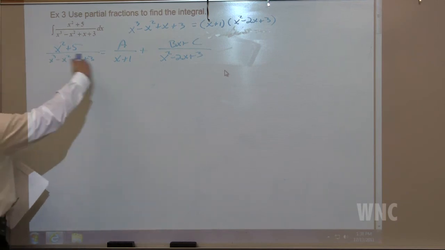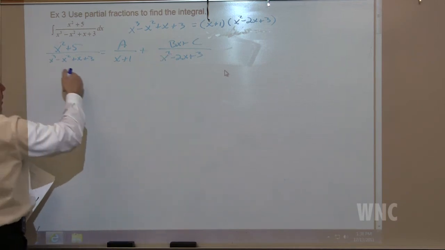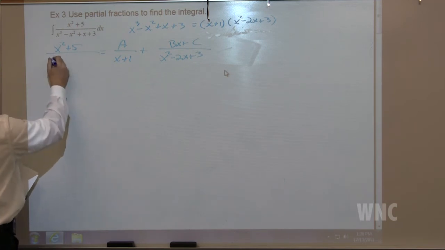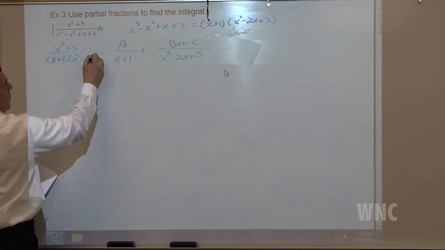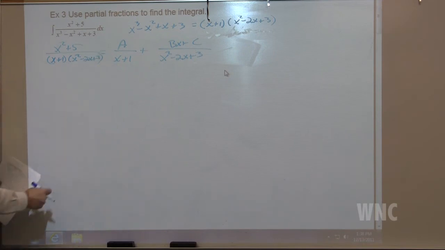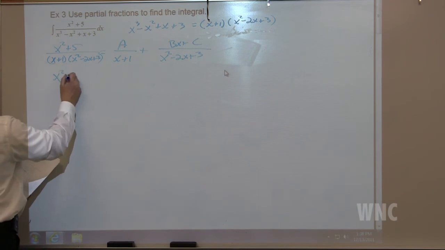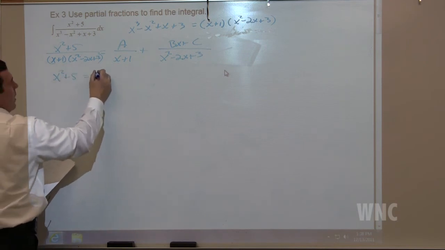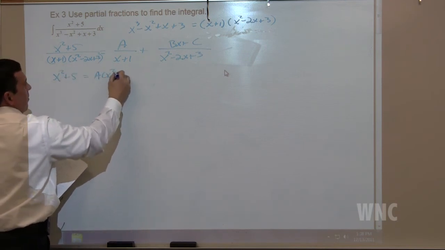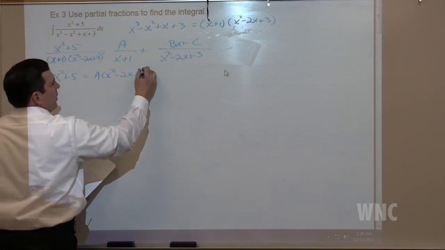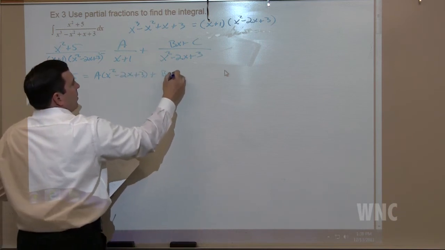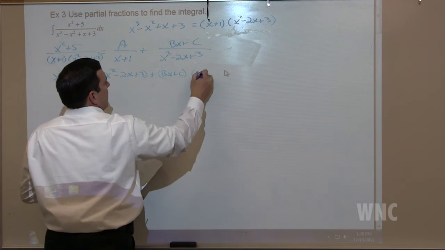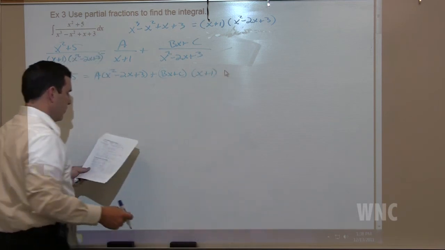So if we clear the fractions out by multiplying by x plus 1 times x squared minus 2x plus 3, we will have x squared plus 5 equals a times x squared minus 2x plus 3 plus bx plus c times x plus 1.